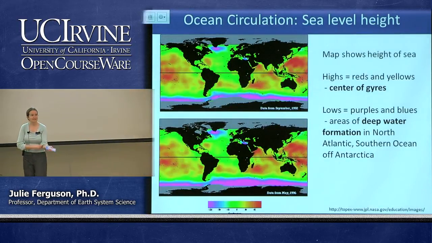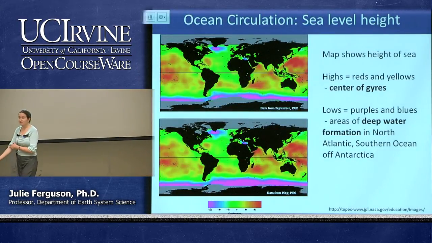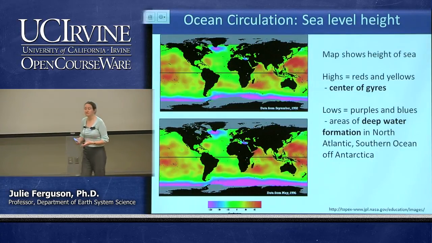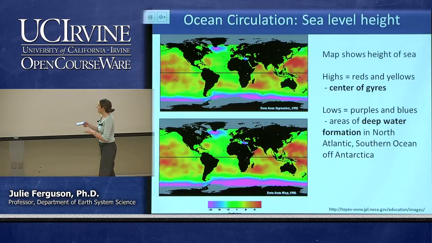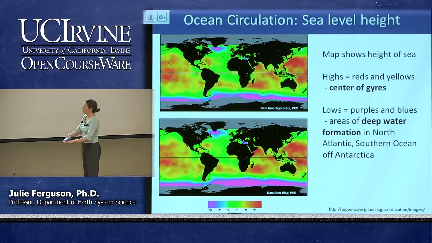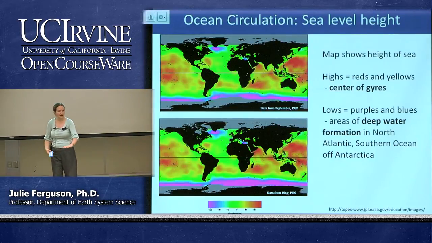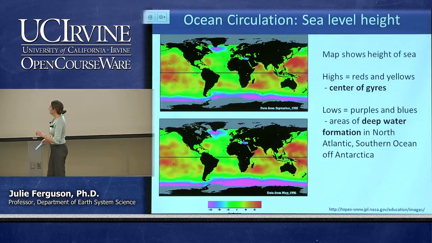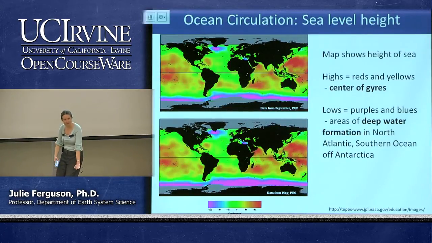So we can actually study the surface height of the ocean using satellites now, and we can see those patterns. We can see that the red colors here, maybe the most red colors, perhaps represent 1 meter higher sea level than average, and those blues and purples represent maybe 1 meter below the average.